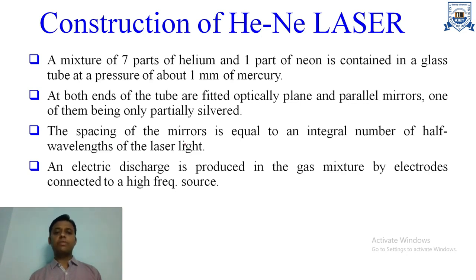The spacing of the mirrors is equal to an integral number of half wavelengths of the laser light. An electrical discharge is applied in the gas mixture by electrodes for the pumping action.